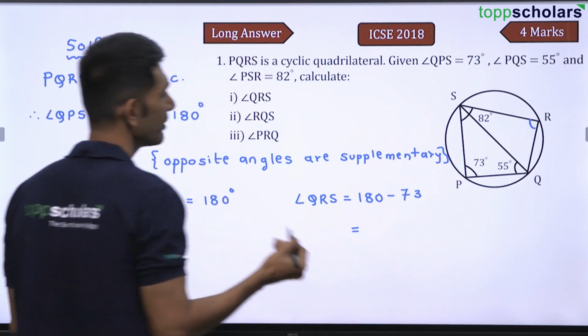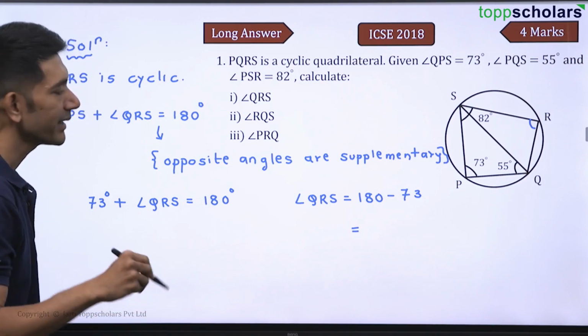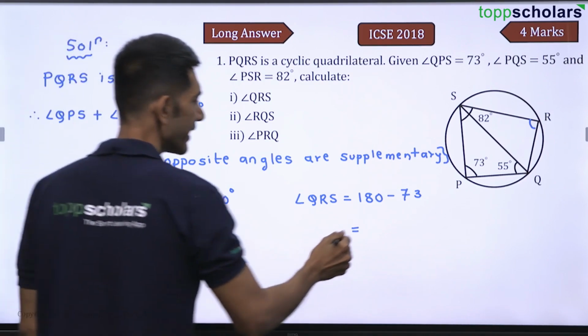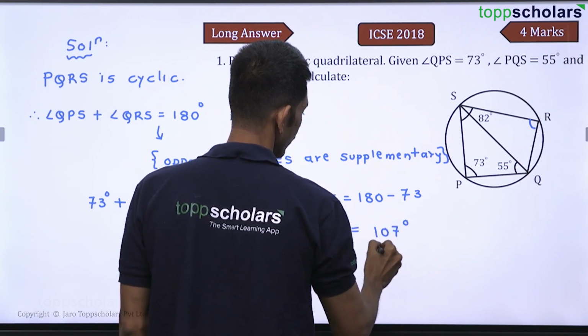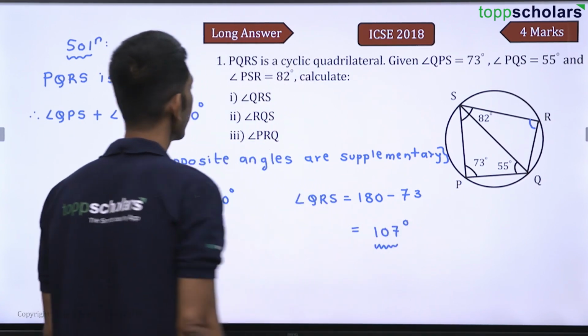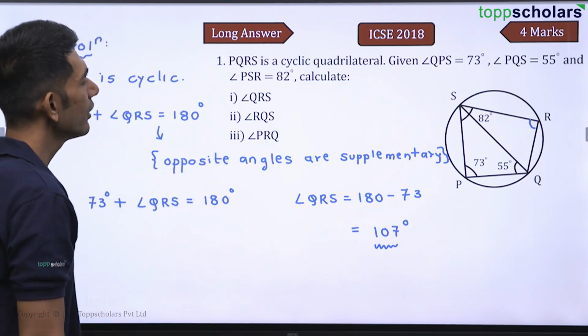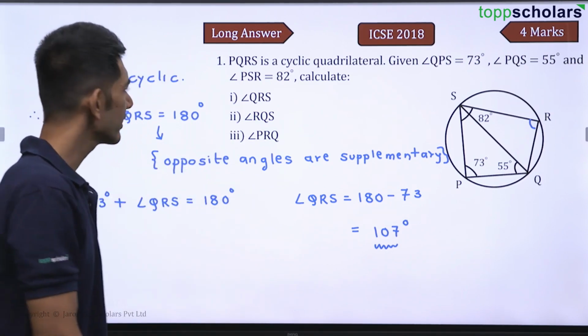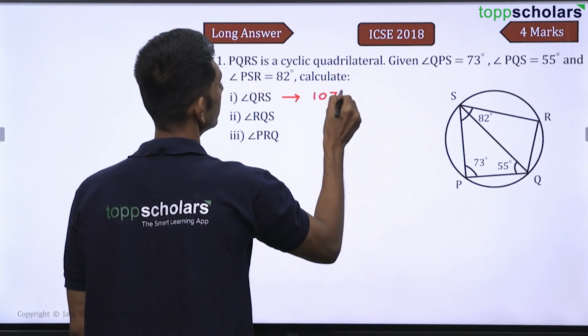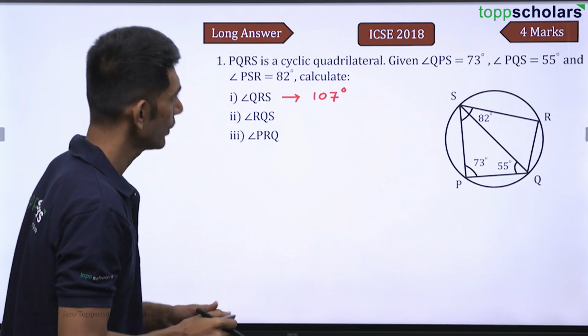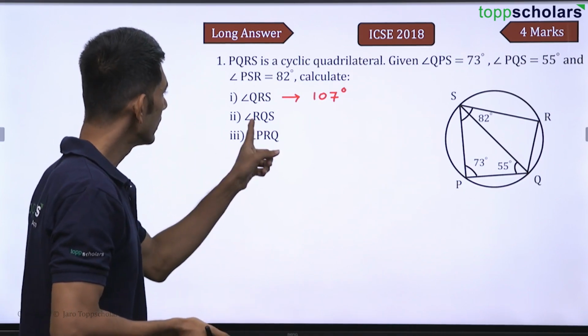And how much is 180 minus 73? 180 minus 73 is 107, right? So 107 degrees. So we got the measure of the angle QRS, that is 107 degrees. I hope this question is clear to you. I mean the first part, this is 107 degrees.